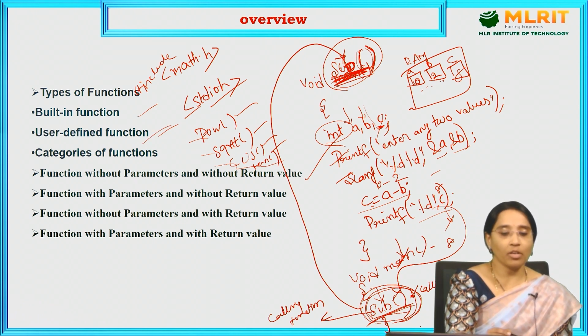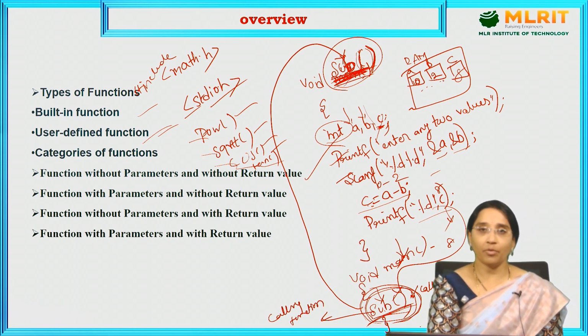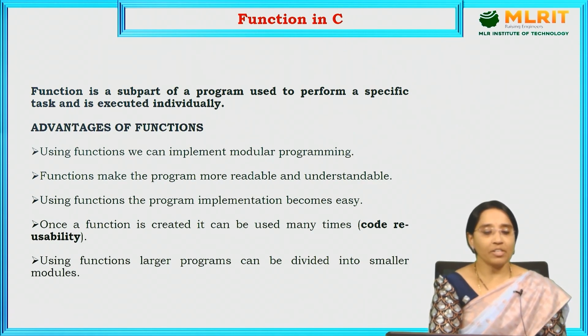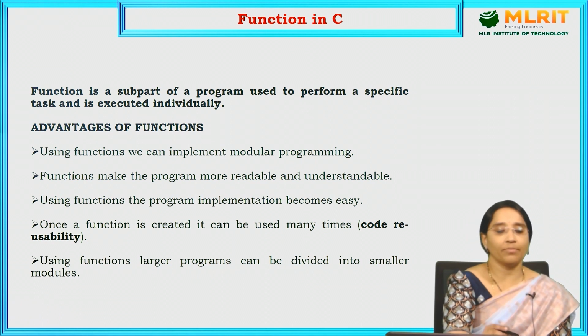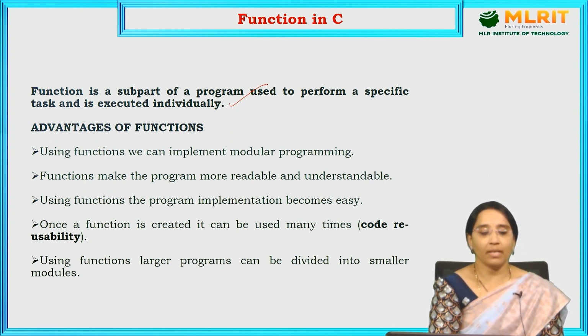Now what are user defined functions? User defined functions are these. You can define your own functions, call them whenever you want, and execute them. So what is the definition of a function? A function is a sub part of a program used to perform a specific task and is executed individually.